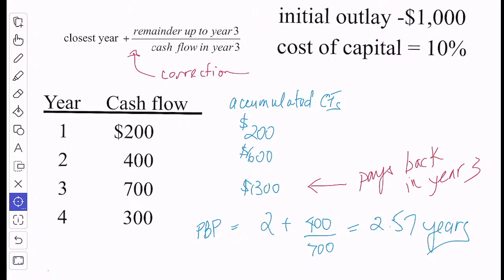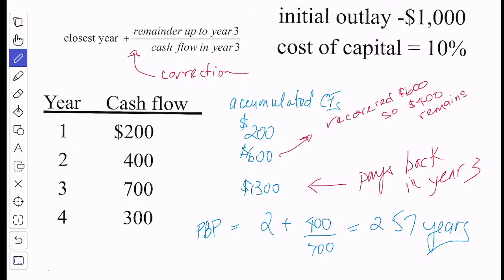I'm glad you guys are asking questions. So 400 is the remainder of what's left. So you've recovered 600. That leaves, right, good.